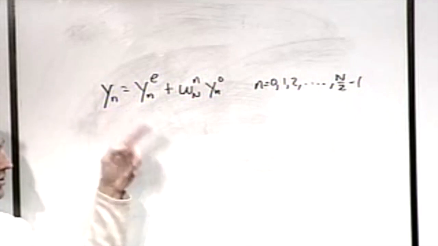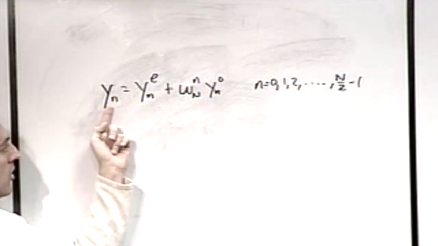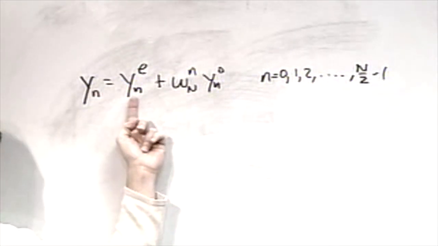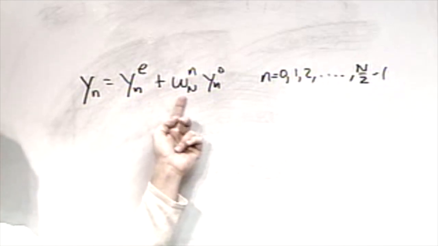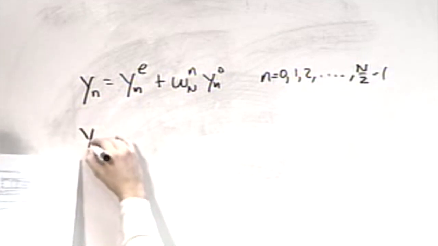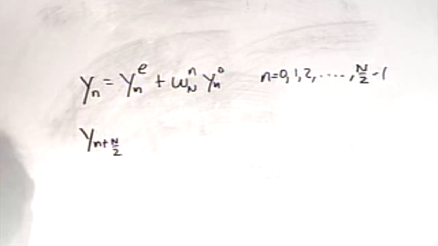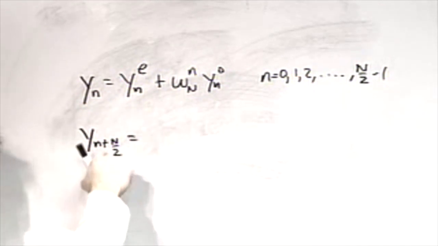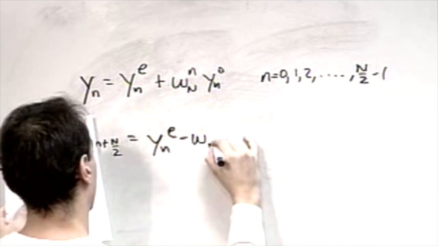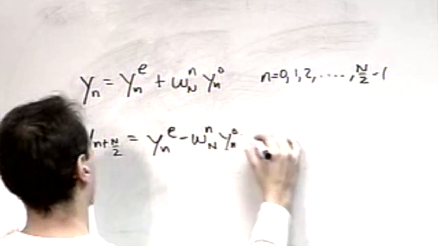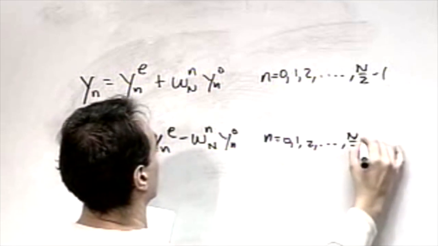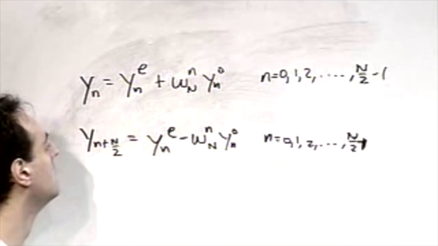your y components, which is what you're getting, the first 1 through n over 2 minus 1 of them are given by, you take this even part, add it to this coefficient times y naught, 0. And then you get the other half of them, n over 2 minus 1.